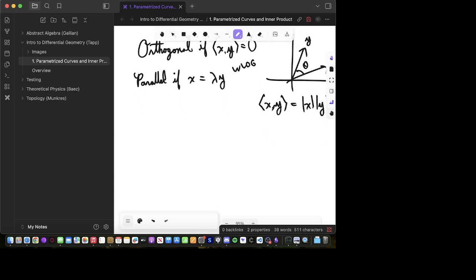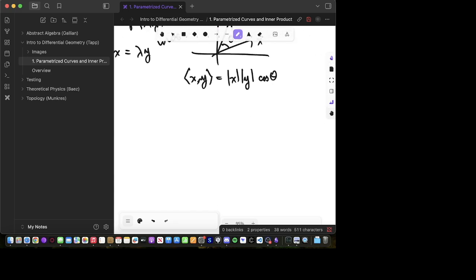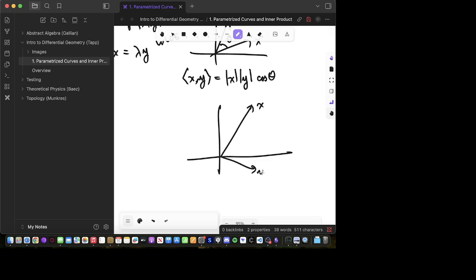Now, we can also write a vector in terms of two parts. So let's say this is our vector x, and this is y. We can write it in terms of two vectors. There's one vector over here and one vector over there, and we're adding them together.